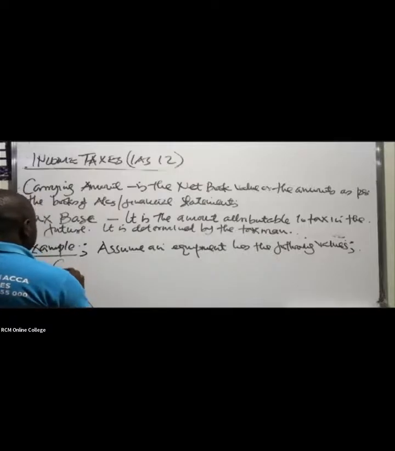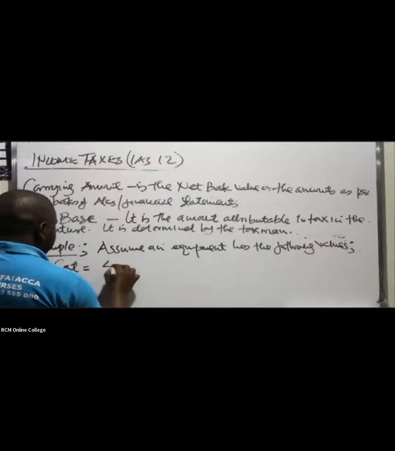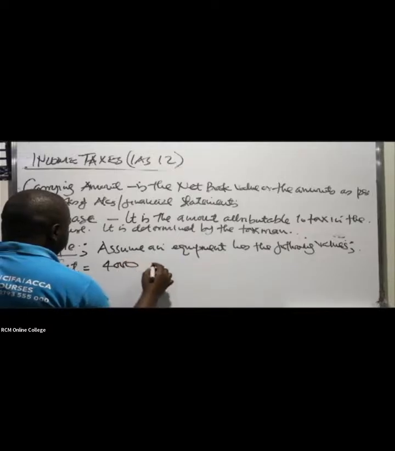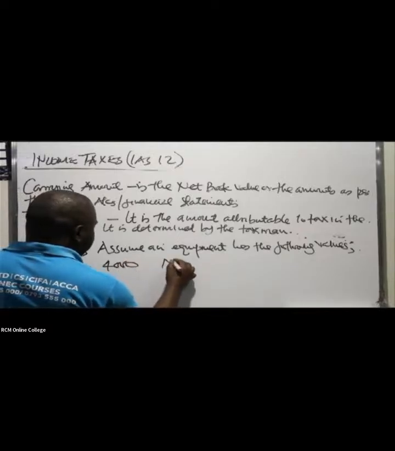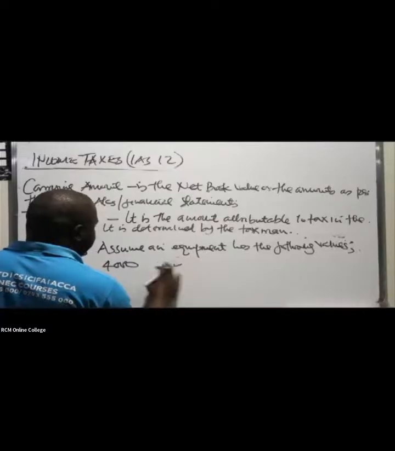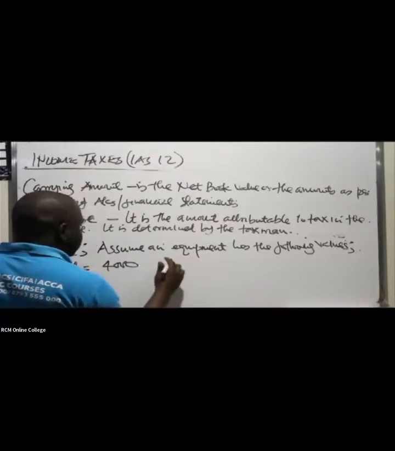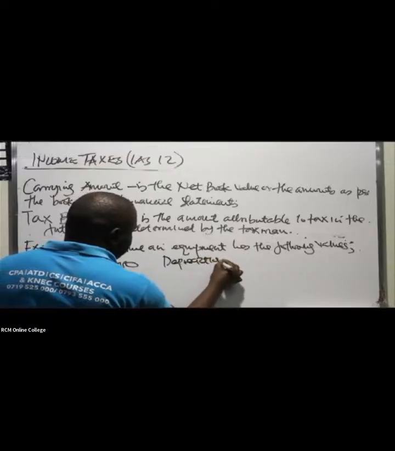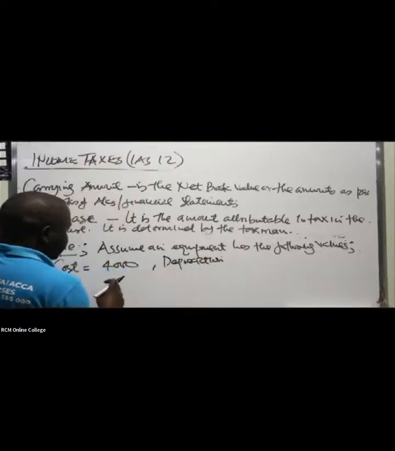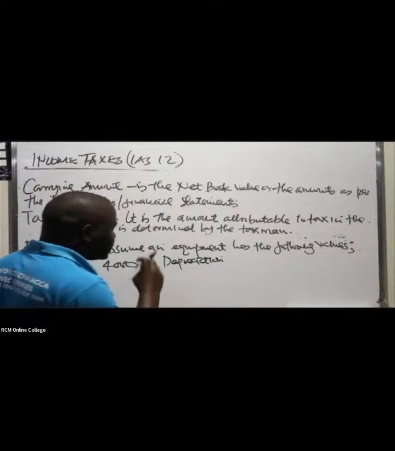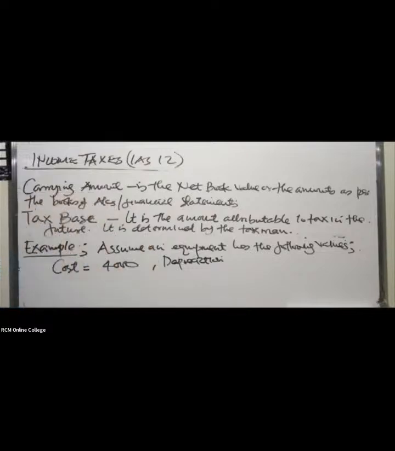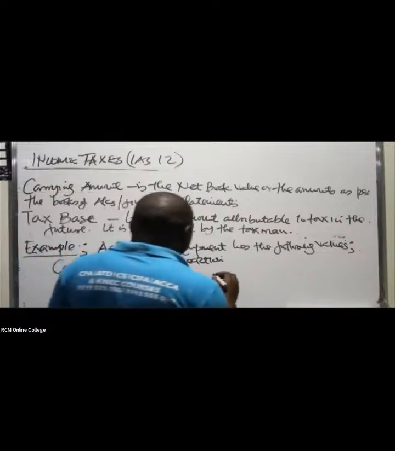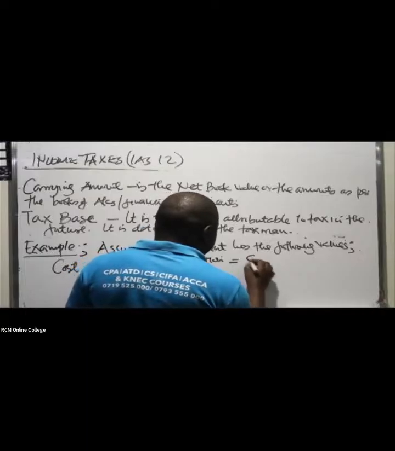Cost is equal to 4,000. Then depreciation. So we have the cost of that equipment as 4,000, and the depreciation is 800.